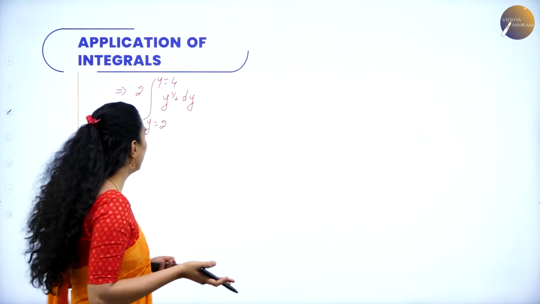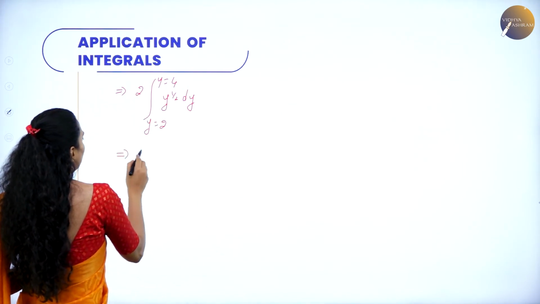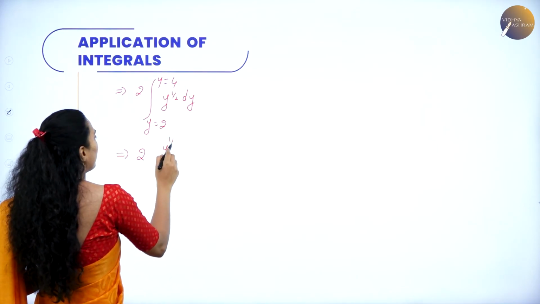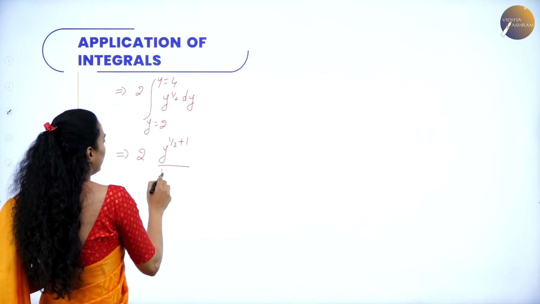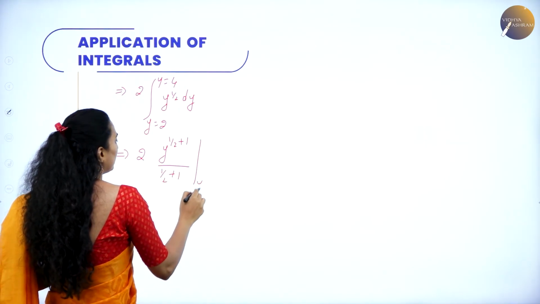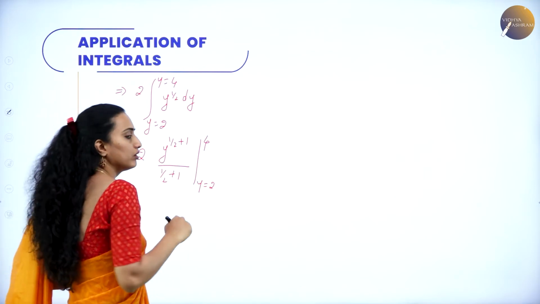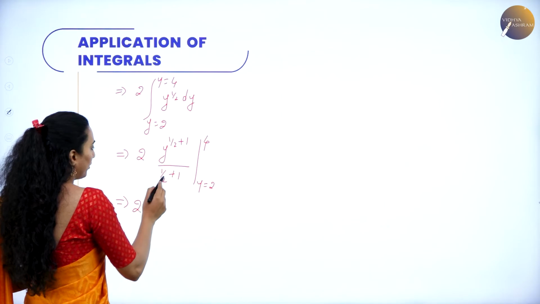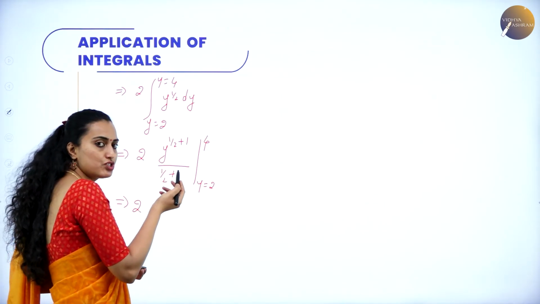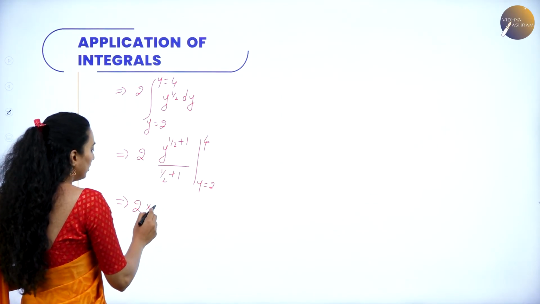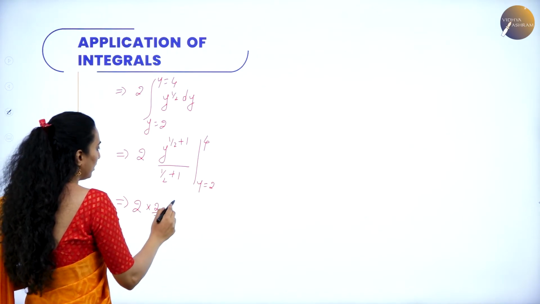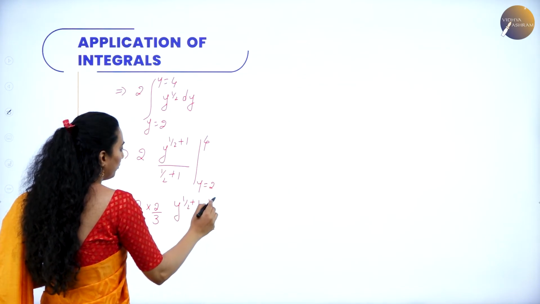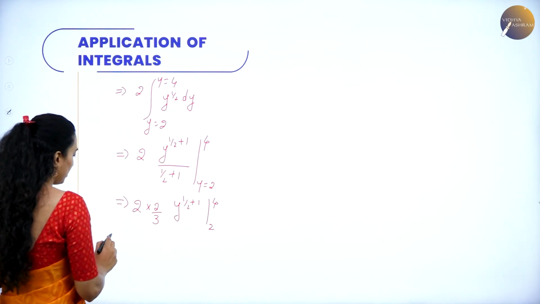So therefore you can have 2 into y to the power of 1 by 2 plus 1 divided by 1 by 2 plus 1, from the limit y from 2 to 4. So this will become 1 by 2 plus 1 which is 3 by 2. 3 by 2 here, when we go to the numerator, 2 by 3. So y to the power of 1 by 2 plus 1 from the limit 2 to 4. You can apply y is equal to 2 there. 2 2s are 4.